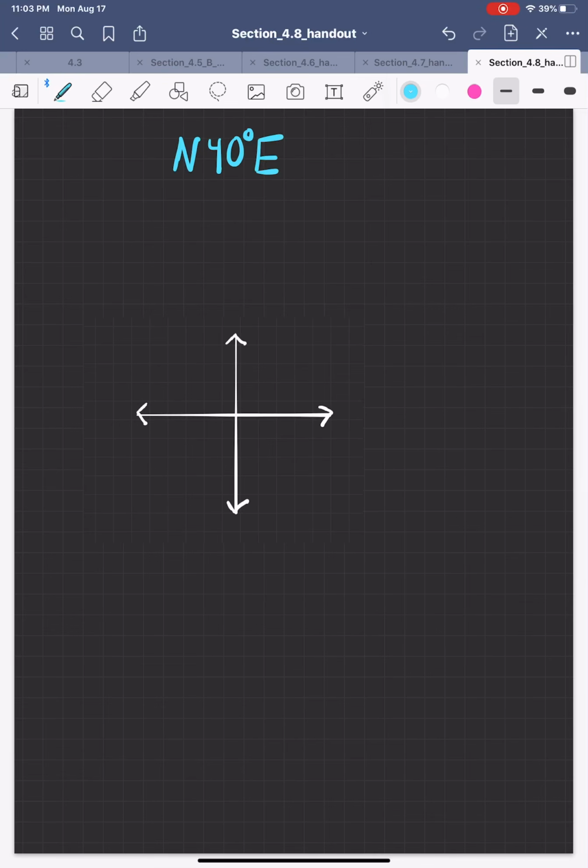So if you're in a boat, you're in an airplane, and somebody's talking about your current trajectory north 40 degrees east, do you understand what they mean by that? Do you understand what they mean by bearings? Well, if not, give me just a second to unpack it, and you will.